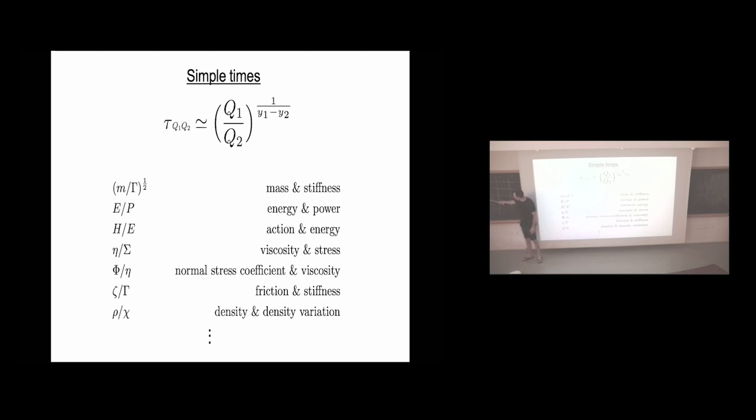Of course, since viscosity is over stress, if you divide viscosity by a stress, you get a timescale. But if you want to create a timescale built from your normal stress coefficients, you need to divide the normal stress coefficient by the viscosity, sorry.